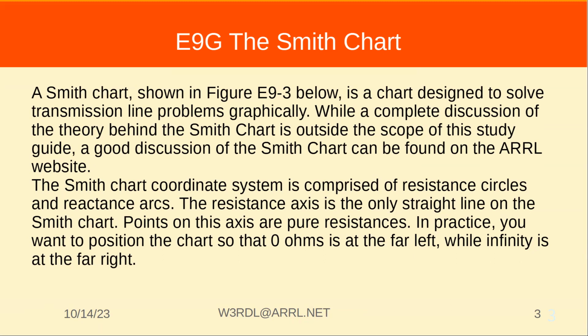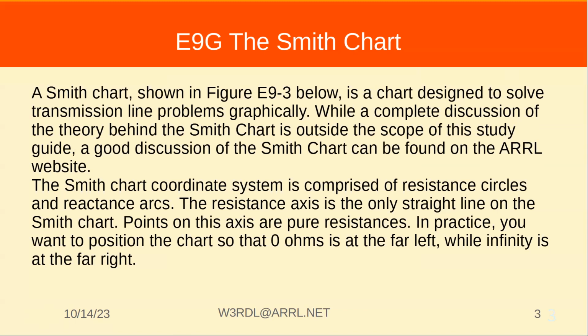And the way the Smith chart was developed, some guy named Smith, of course, took a regular Cartesian coordinate plot of resistance and reactance and decided to make it into a circle. So that's why the resistance axis is the same.